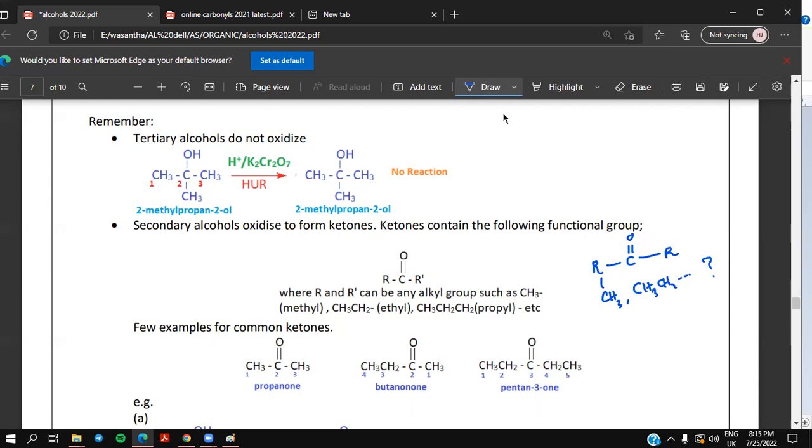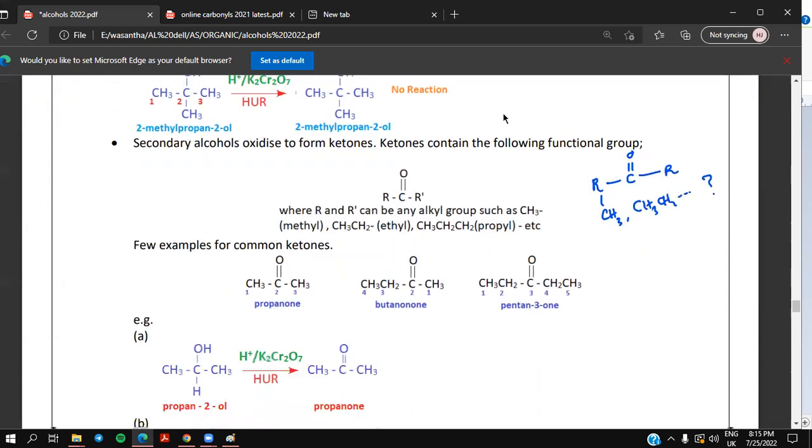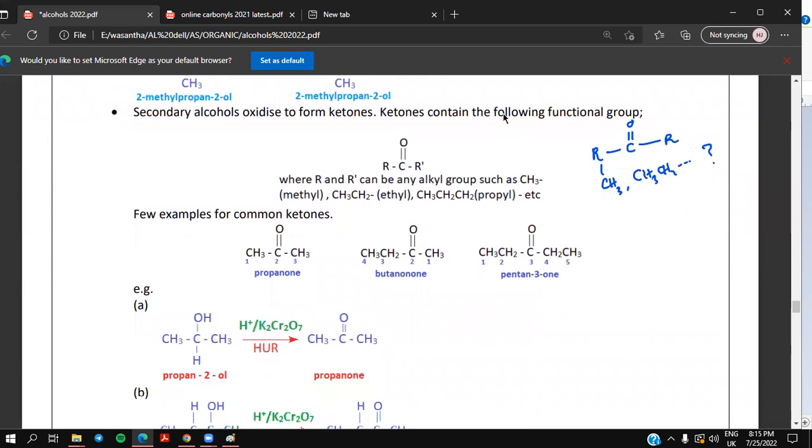Towards the second part of the lesson, I will start the ketone lesson also. However, this is an introduction to ketones here. A few examples of common ketones are, here there are 2 alkyl groups attached to the carbonyl functional group.